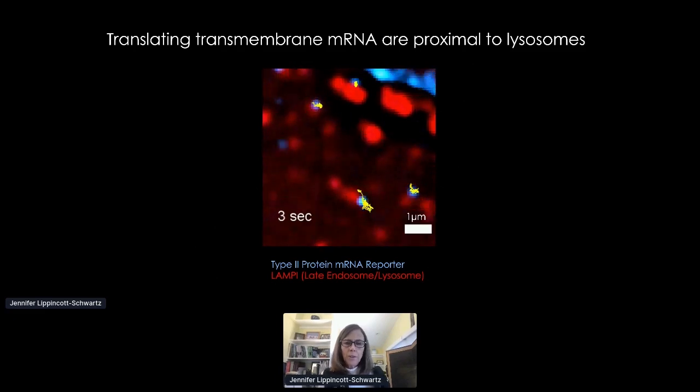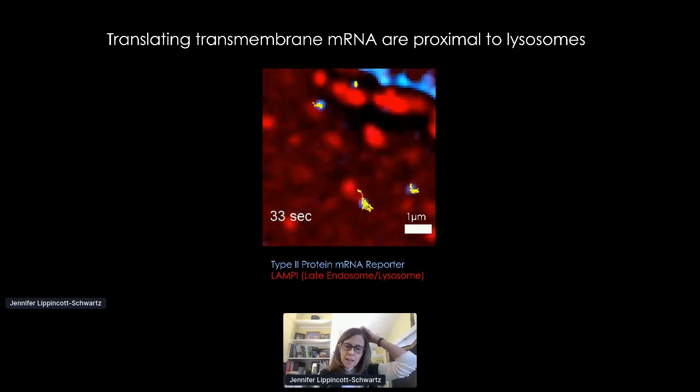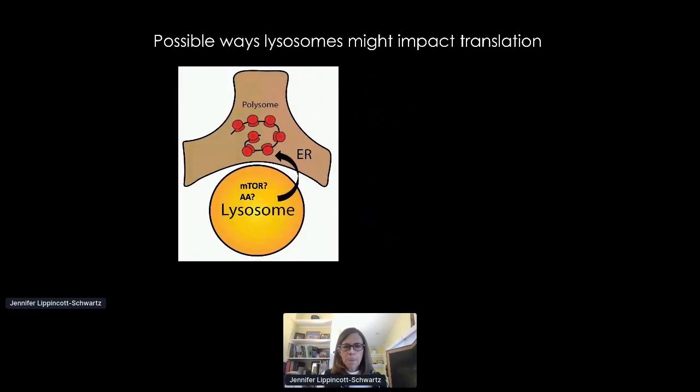And so for that, we looked at our type 2 protein mRNA reporter, tracking individual mRNA, which you can see in blue, and we looked at its relationship to the distribution of lysosomes, which you can see in red. And you can see that a majority of these translating transmembrane RNA are actually proximal to lysosomes.